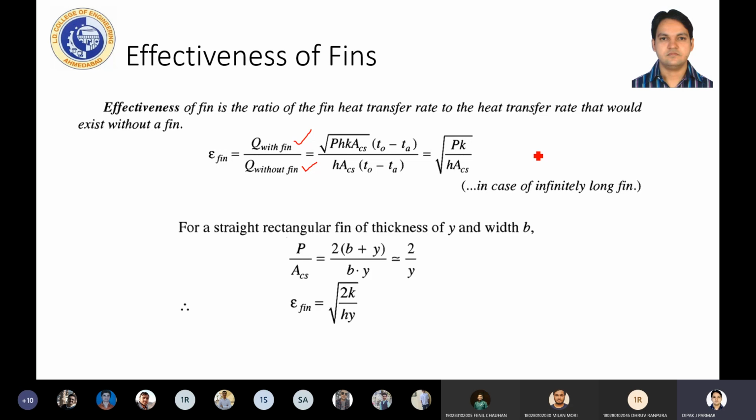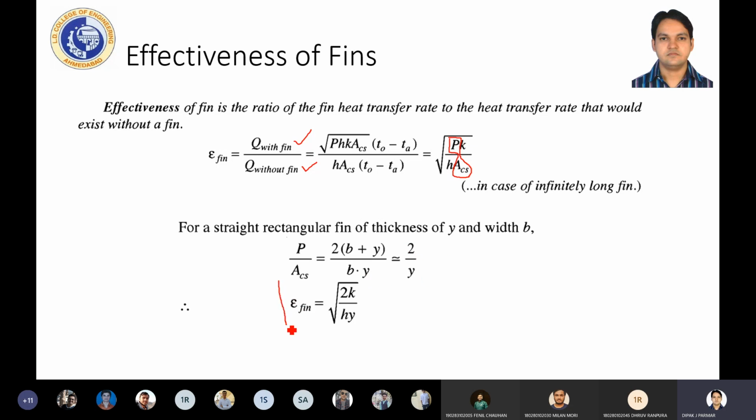For a straight rectangular fin of thickness y and width b, meaning when your rectangular fin dimensions are known to you, that is width is b and thickness is y, you can get the ratio P upon Ac. We have P, the perimeter, as 2 times b plus y, divided by cross-section area b into y. So the ratio comes to 2 by y.